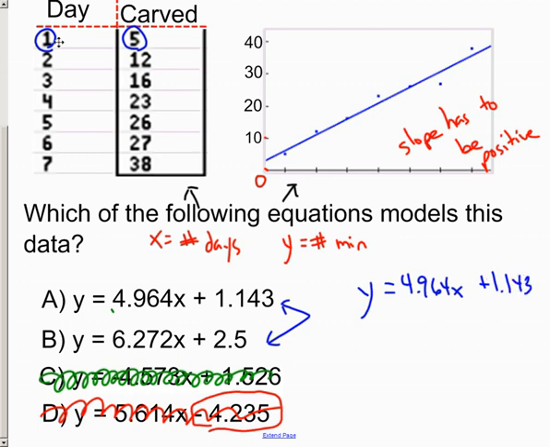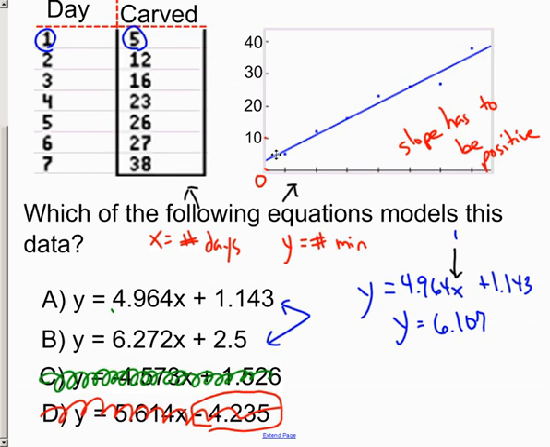Our x value is 1. So right there is a 1. 1 times 4.964 is 4.964, plus 1.143, we're just adding them up, would get us 6.107. Now that's close to 5.